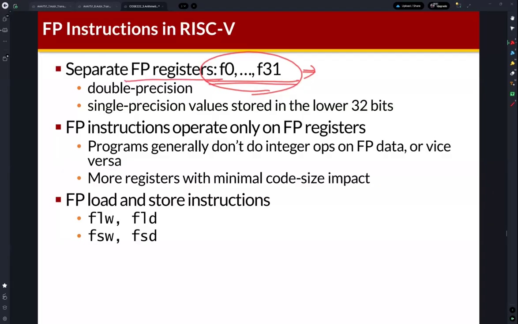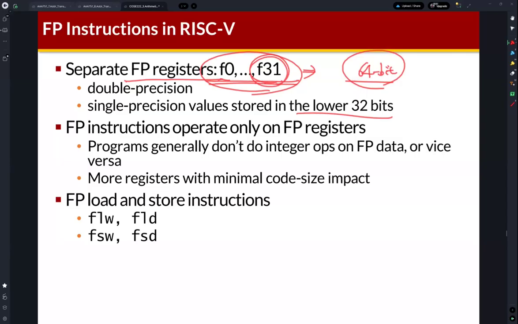There are 32 floating point registers, from F0 to F31, okay? Usually it's double precision, and if we use a single precision value, it just uses the lower 32 bits. So the size of a single floating point register is 64 bits, and there are 32 registers.